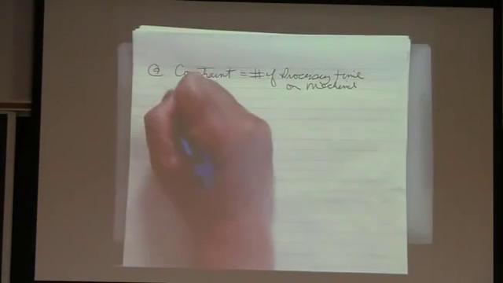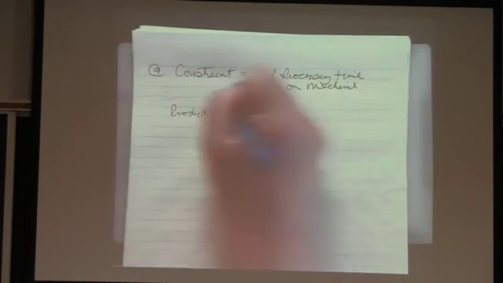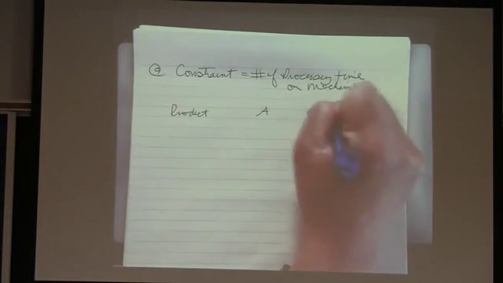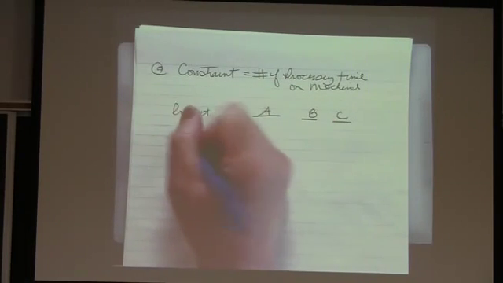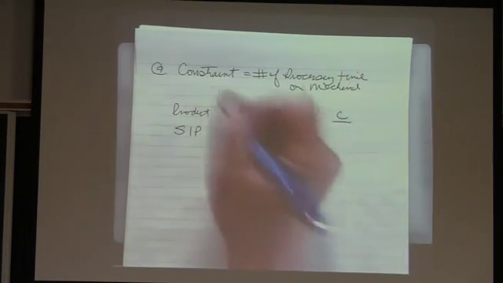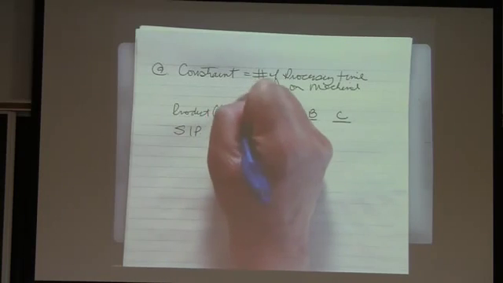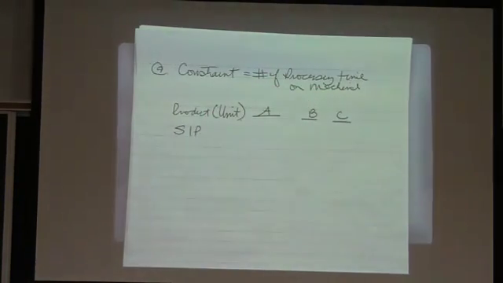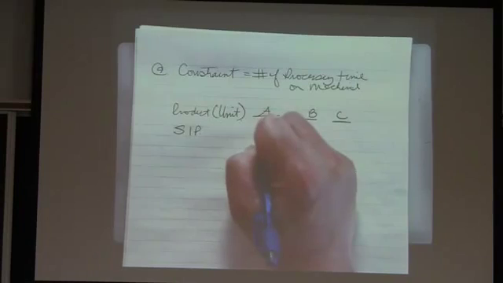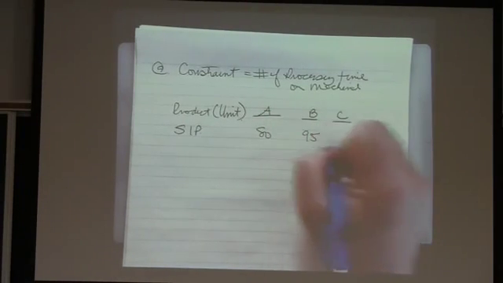So let's take a look at product A, B, and C. You've got sales price, and I'm going to do it per unit. Sales price for product A is 80, 95, and 70.